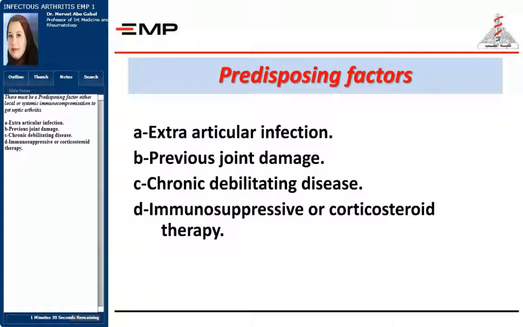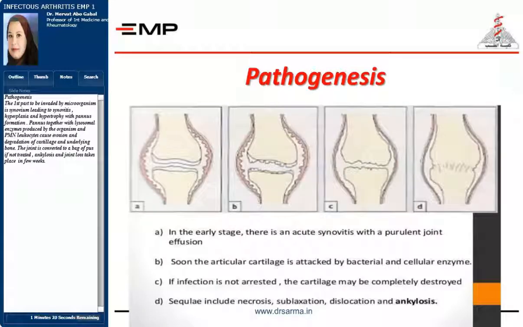There must be a predisposing factor, either local or systemic immune compromisation, to get septic arthritis, like extra-articular infection, previous joint damage, chronic debilitating disease, immune suppressive or corticosteroid therapy. Pathogenesis of septic arthritis.